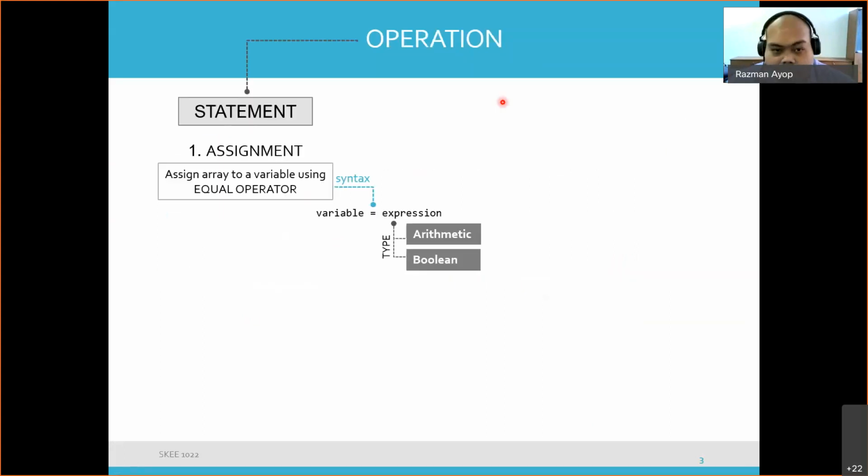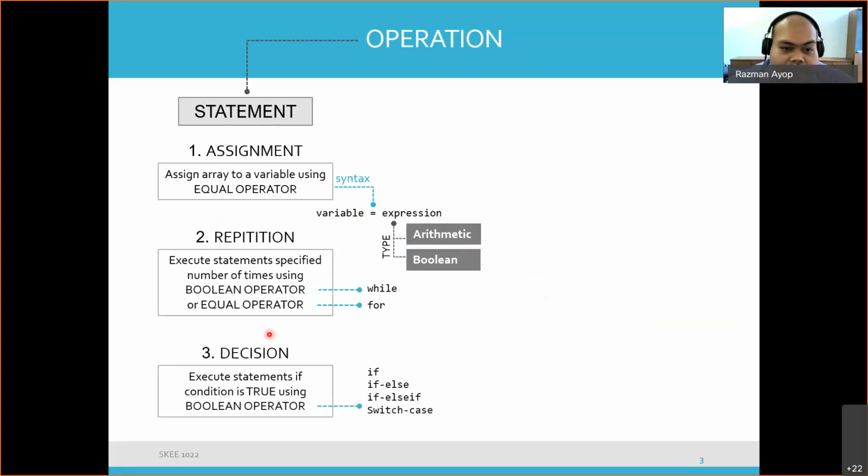For statement, I think we already learned this. Assignment is a variable expression, either arithmetic or Boolean. Repetition means that you repeat the operation using while or for. I think you already saw this in chapter 1, the pseudocode, so you have to refer back.